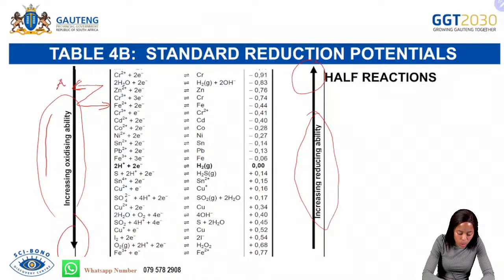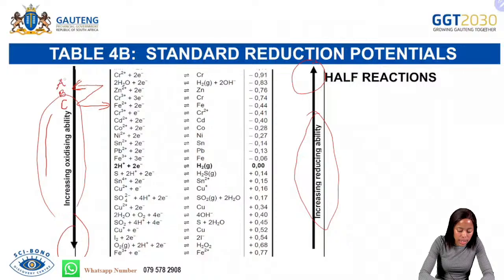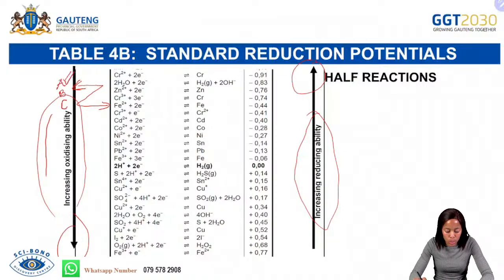So this will be your A, this will be your B, and then this will be your C there. So with those letters, you are saying that whatever you have there at the top of the table is going to represent your anode.